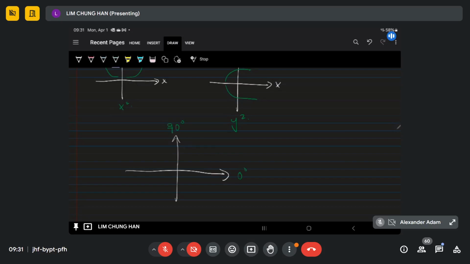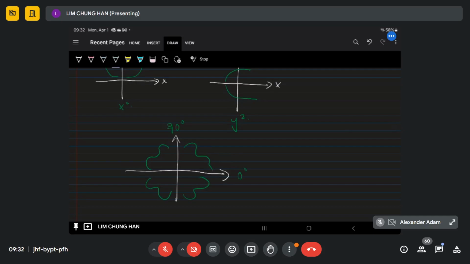Whatever shape you get here will get mirrored there, there and there, because you can mirror top and bottom, left and right.